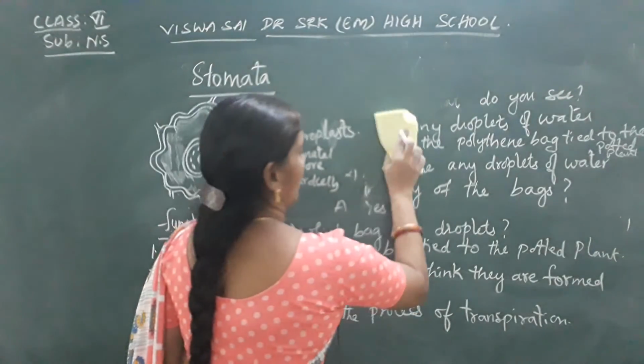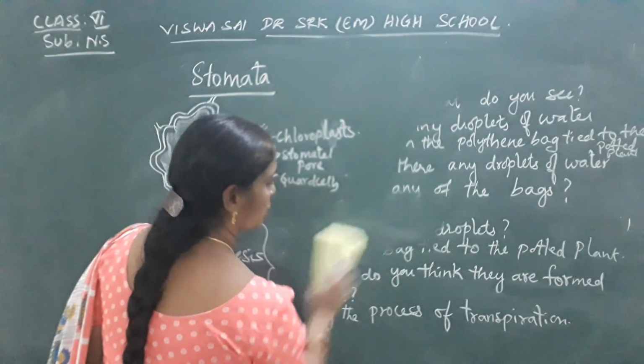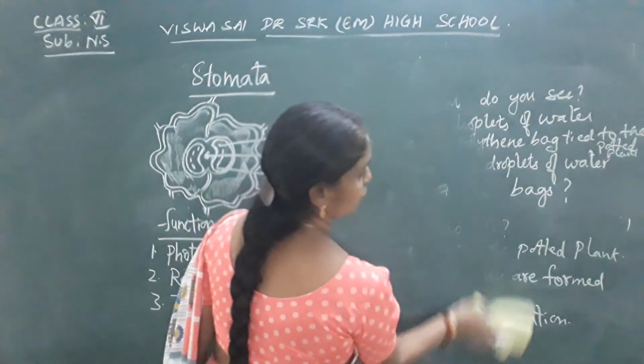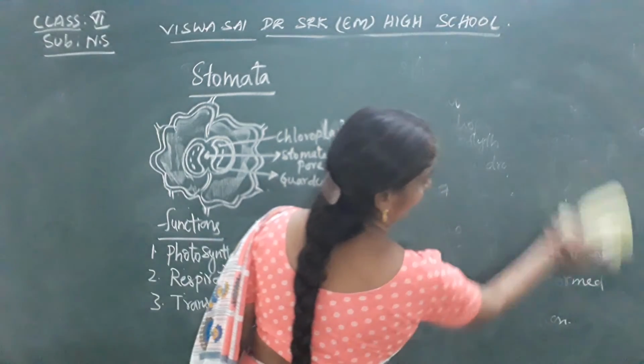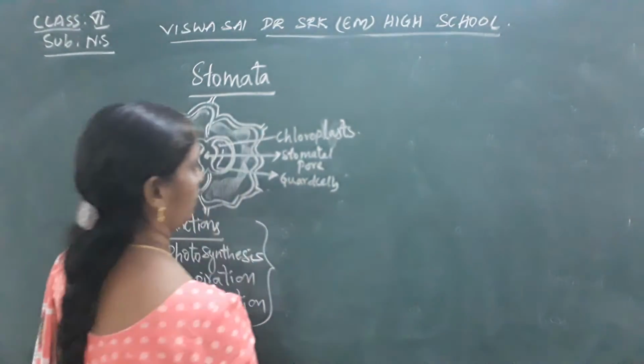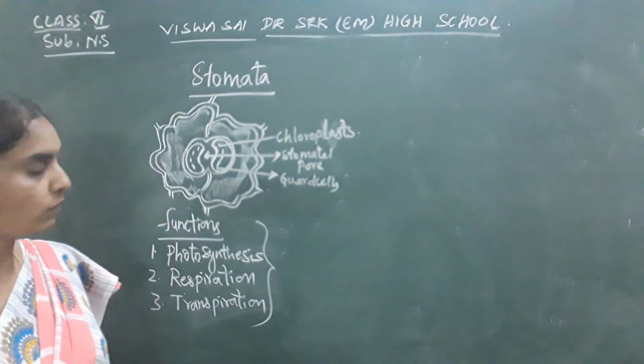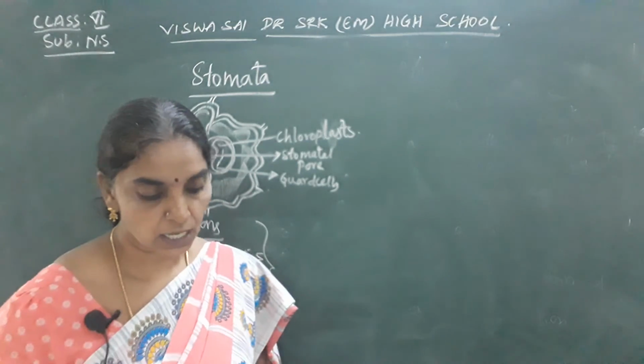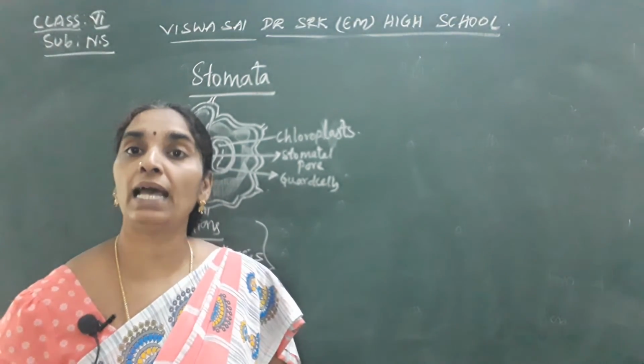So this is about the structure of stomata which you can draw and write for this answer. Okay, children? So that is about this question. The next question is, what will happen if the plant doesn't have any leaves?